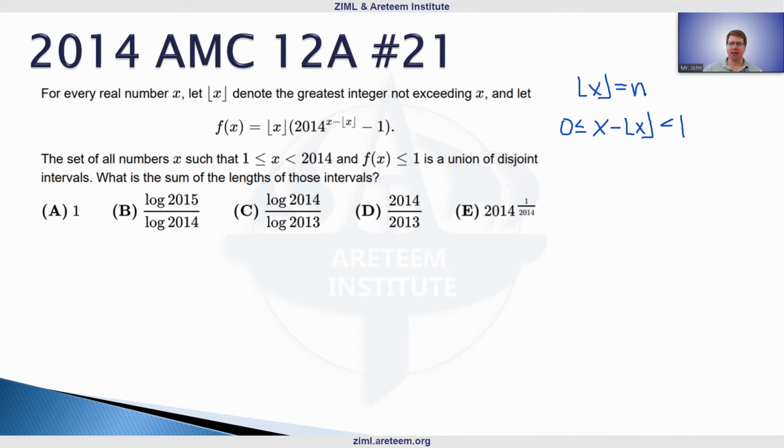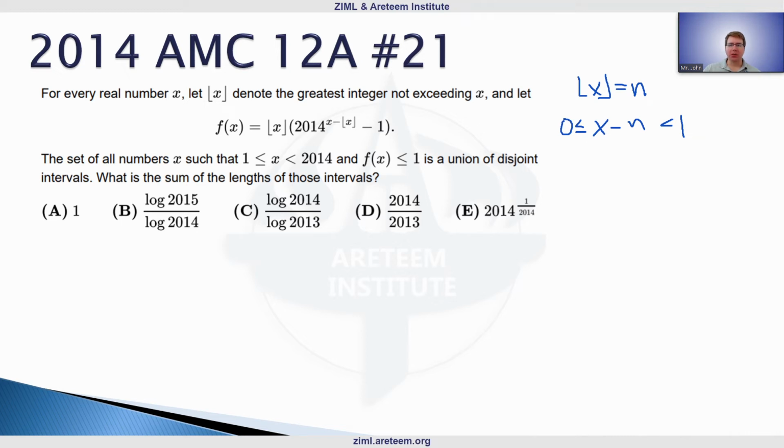So maybe let me even replace it there just so we have that notation. This x minus n is always between 0 and 1.